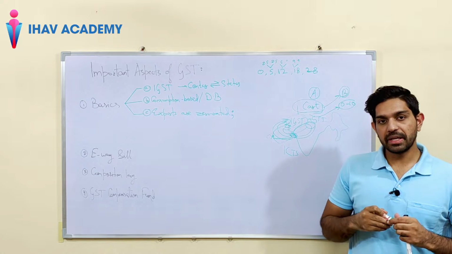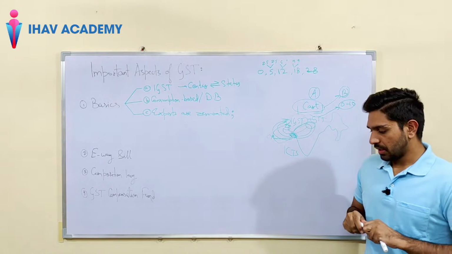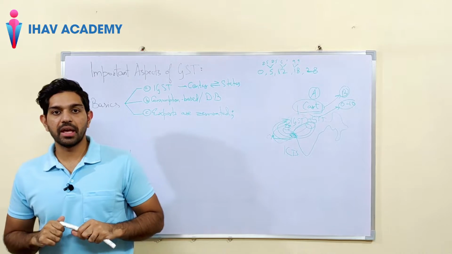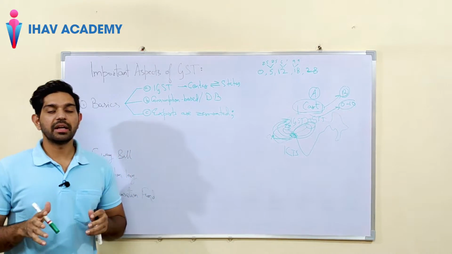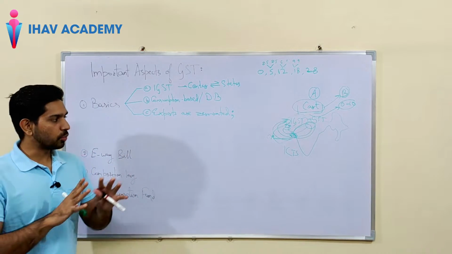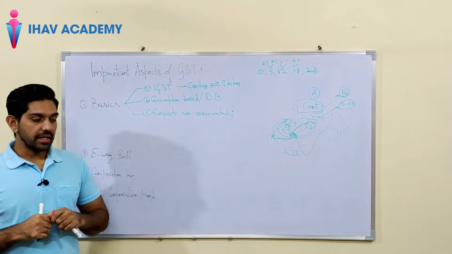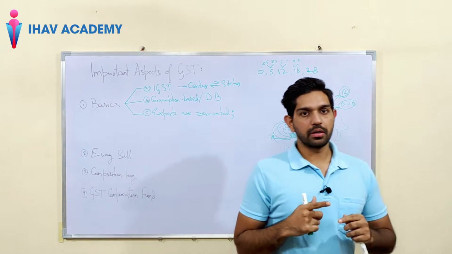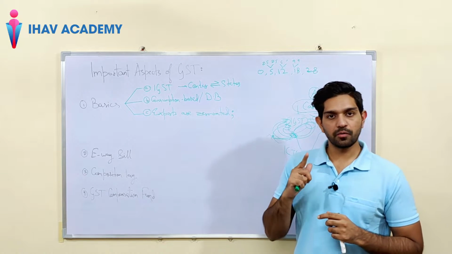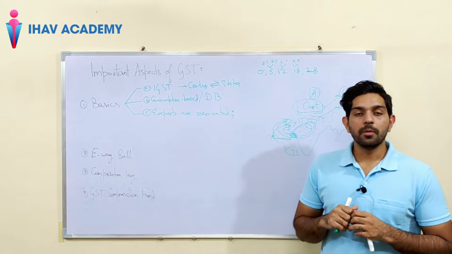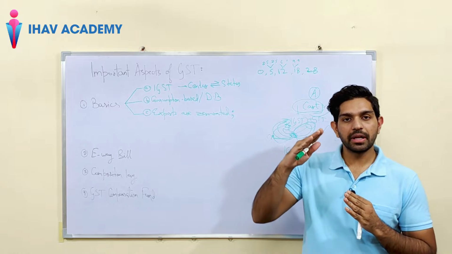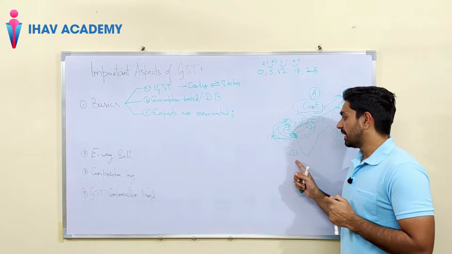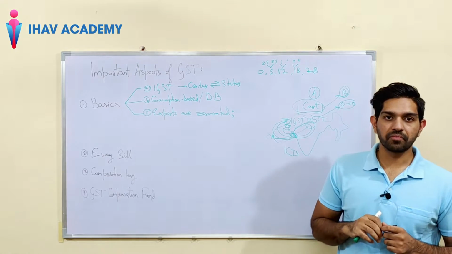Now you can see the implication of this. First of all, I have told you the GST has simplified the indirect taxation system up to a limit in India. There was a cascading effect going on before the implementation of GST. So now the prices of most things will come down a little bit, because the cascading effect has been struck off.